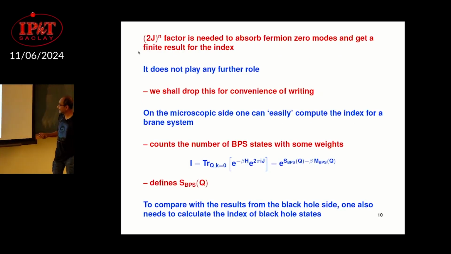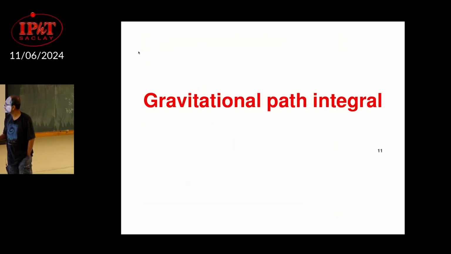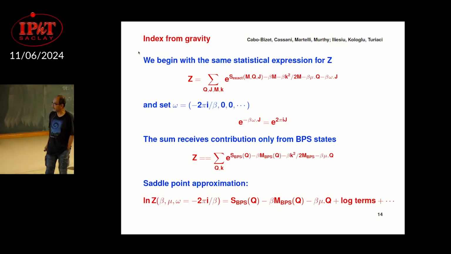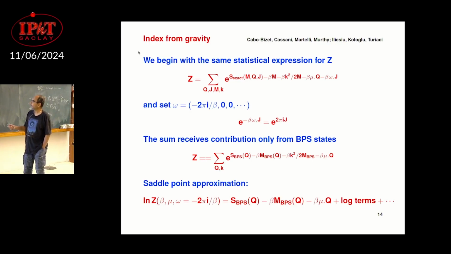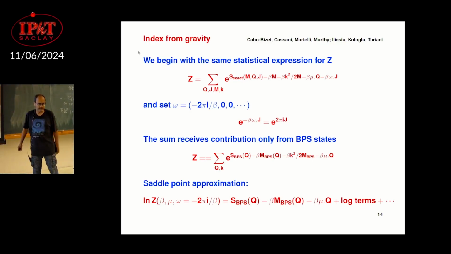The definition of the index took the trace over all states, in particular all M and all J, weighted by this factor over here, and that we identified as e to the S BPS Q minus beta M BPS Q. Then these factors are there, e to the minus beta k squared over 2 M BPS and minus beta mu dot Q. This has gone away because it provided the 2 pi i J. And let me emphasize that the 2J to the n factor that we had, I'm not writing it here, but it's there in this trace. It has to be included, otherwise it will just vanish from the fermion zero mode integral.